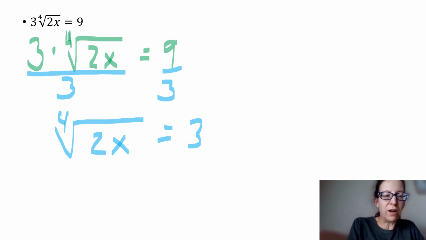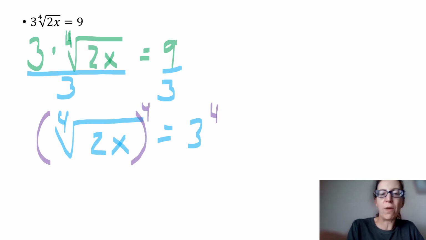To undo a 4th root, I will raise it to the 4th power, and just make sure you're doing the same thing to both sides as before. A 4th power and a 4th root are going to undo each other, leaving you with 2x is equal to 81.